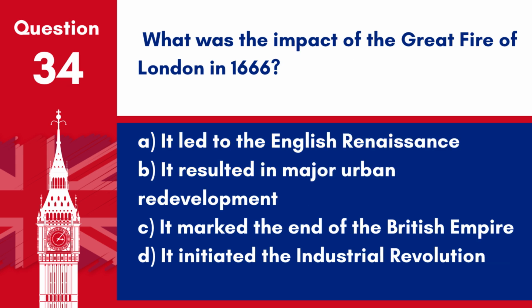Question 34. What was the impact of the Great Fire of London in 1666? A. It led to the English Renaissance. B. It resulted in major urban redevelopment. C. It marked the end of the British Empire. D. It initiated the Industrial Revolution.